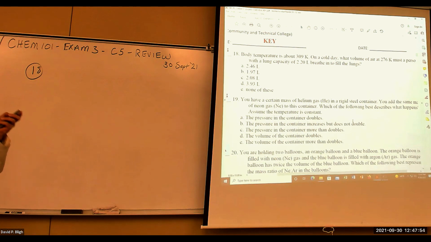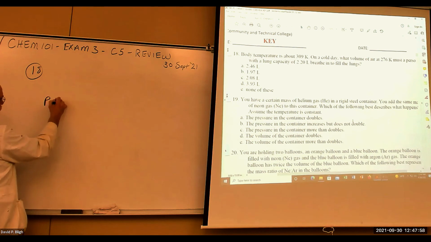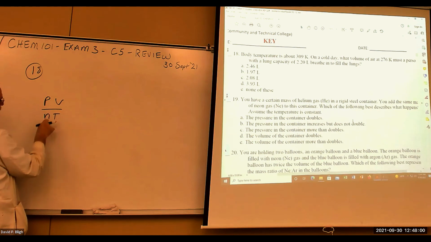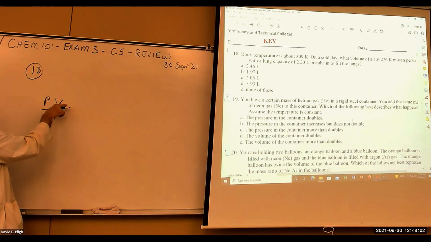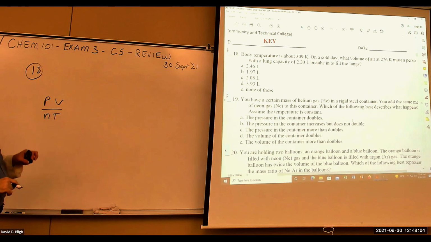We have a temperature and volume relationship. So PV over NT, temperature and volume relationship. The pressure doesn't change. This person's standing outside, and the air pressure, whatever it happens to be, doesn't change.